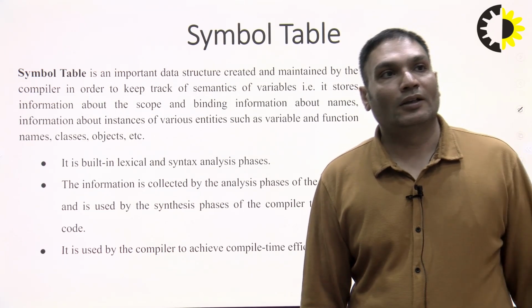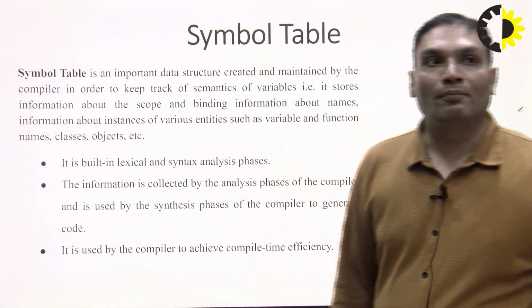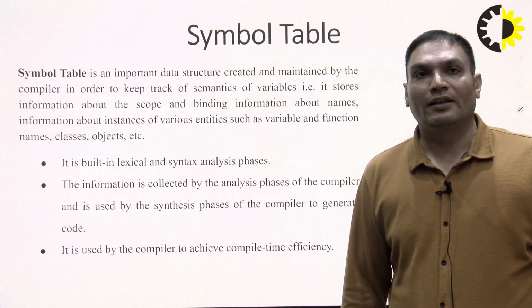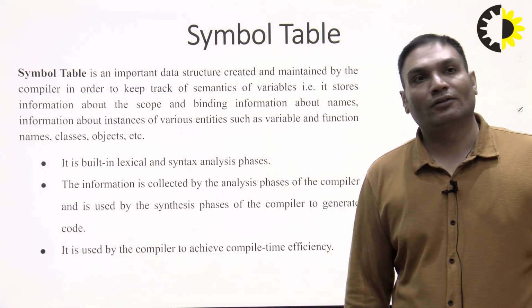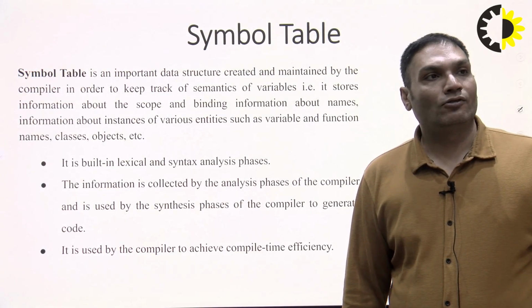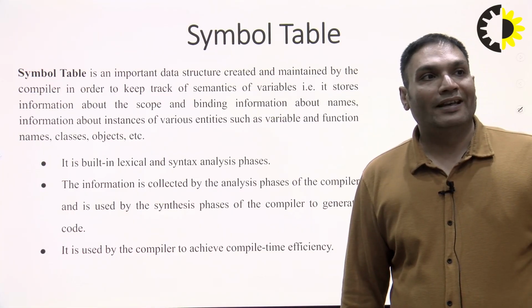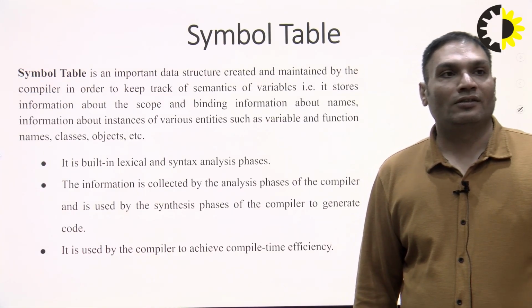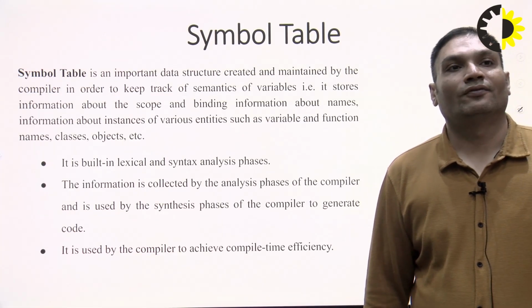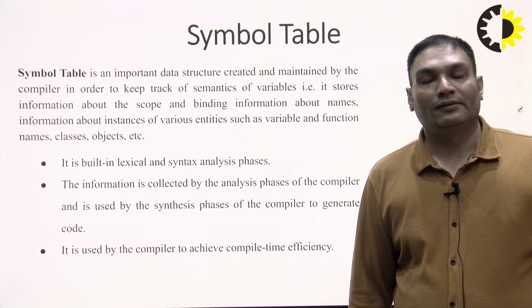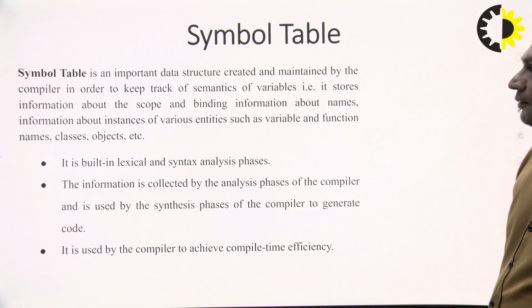So, what is a symbol table? A symbol table is an important data structure that is created and maintained by the compiler in order to keep track of the semantics of the variables. It stores information about the scope and binding, about the name information, and about the instances of various entities such as variables, functions, names, classes, objects, etc. inside the program.